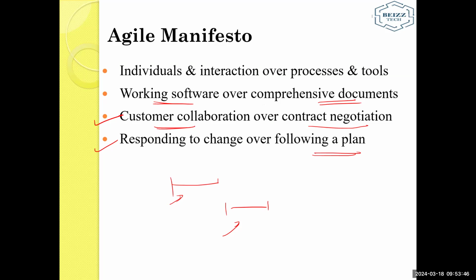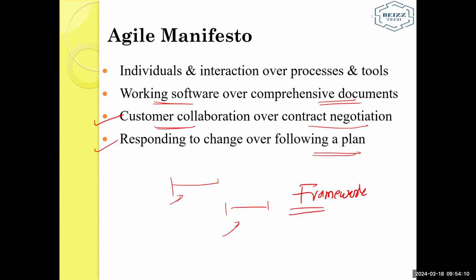But in real time, agile methodology has multiple frameworks. Now the new term, framework. A framework means it's a process or a ready-made architecture, which has its own rules and its own set of guidelines, and we follow the guidelines to implement our software.